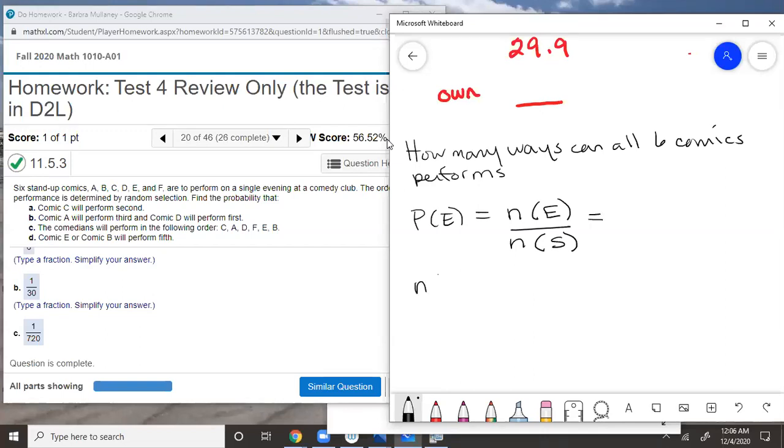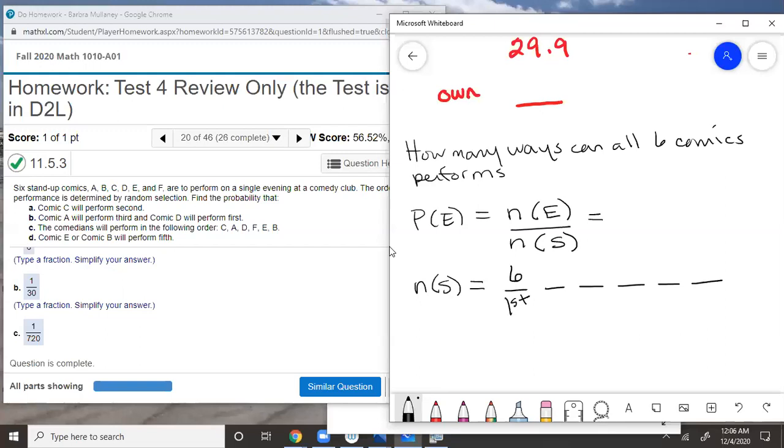The total number of ways all 6 comics can perform. Let's put down all the ways that the first person can come to stage. We have 6 comics to choose from to perform first.